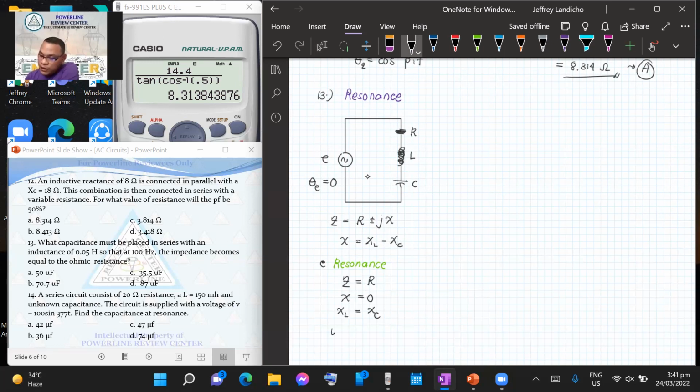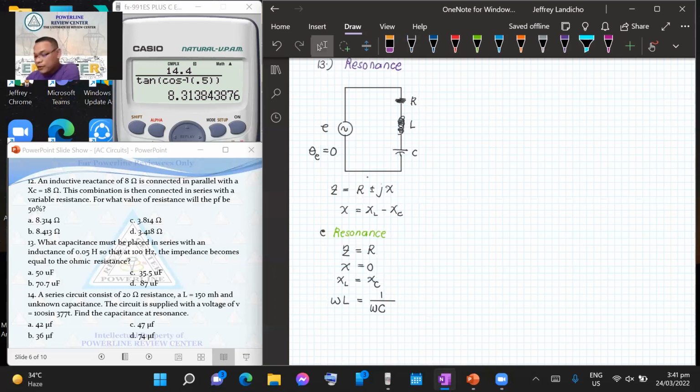Alam natin, inductive reactance is omega times L, at yung ating capacitive reactance is 1 over omega times C. So, therefore, kukunin natin yung frequency at which these two are equal. So kapag kinross multiply natin yan, makikita natin omega squared times LC is equal to 1. So that is the condition for your resonance.